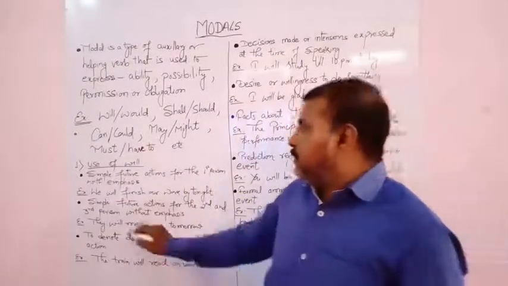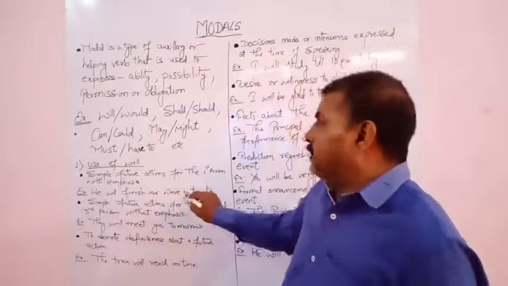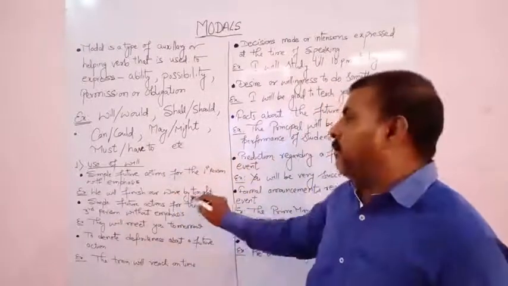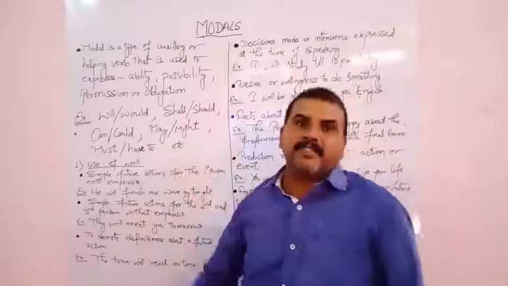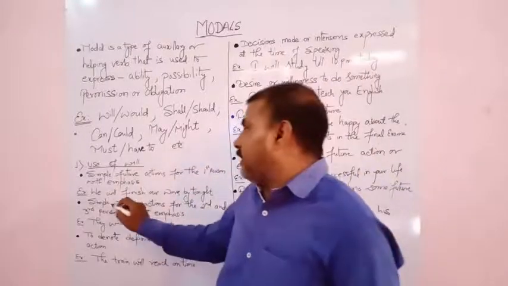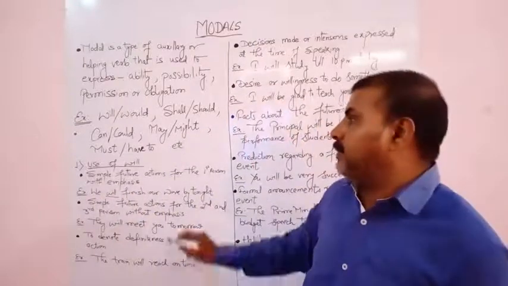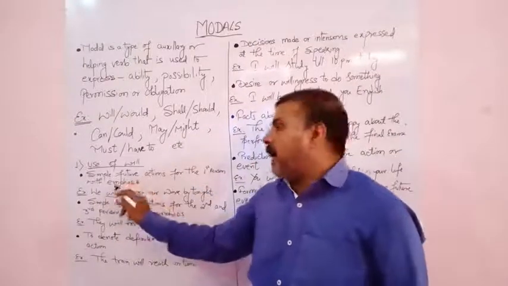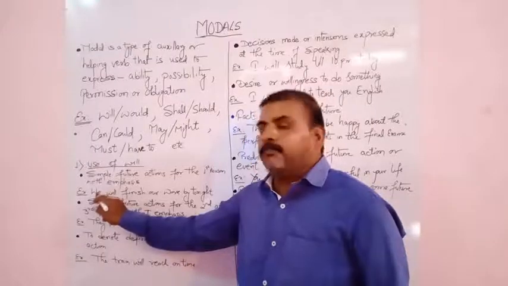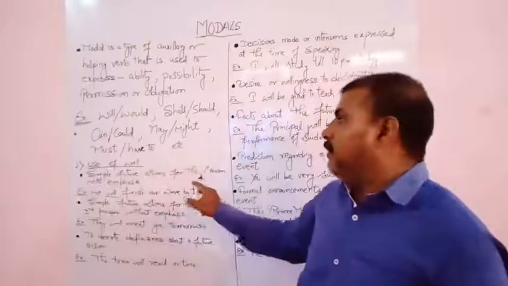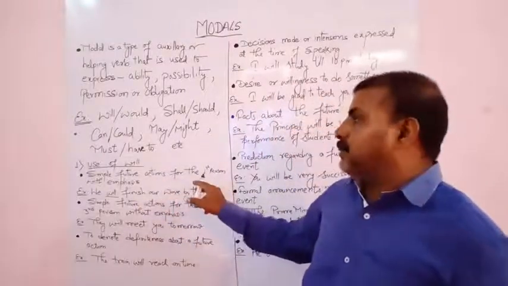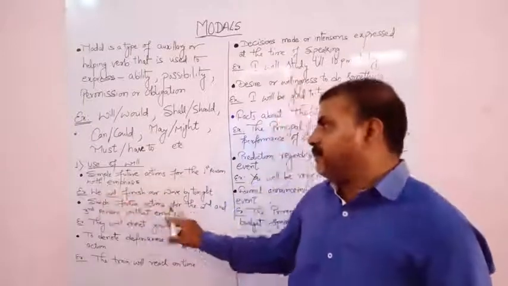It means that you are sure to do your work by tonight, means emphasis is given here. So at that time we use will, denoting future action with emphasis, and will is used for the first person when a future action is denoted with emphasis.